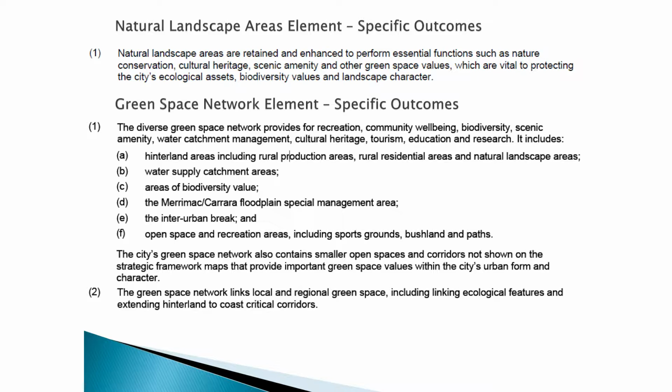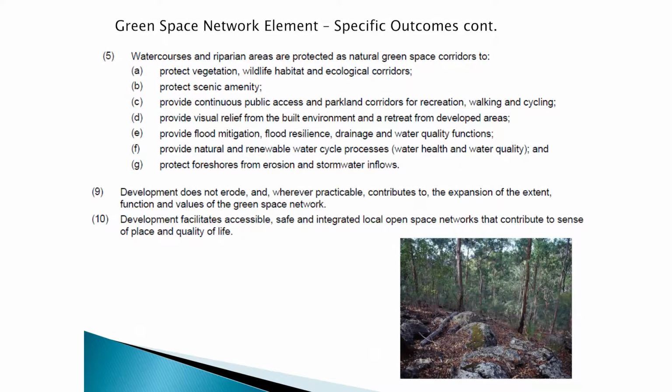Getting to the green space network element, specific outcomes. The diverse green space network provides recreation, community wellbeing, biodiversity, scenic amenity and so on. The city's green space also contains smaller open spaces and corridors not shown on the strategic framework maps that provide important green space values. Important network links. Green space open network.